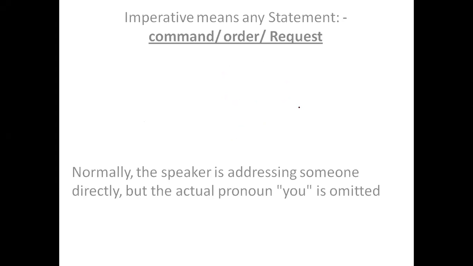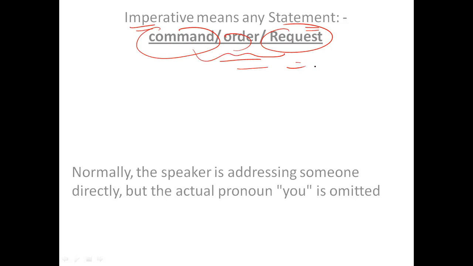So, what do you understand when I say imperative? Imperative means any sentence or statement which has the feature of command, order, or request. If any sentence has any of these features, you can call that sentence imperative.